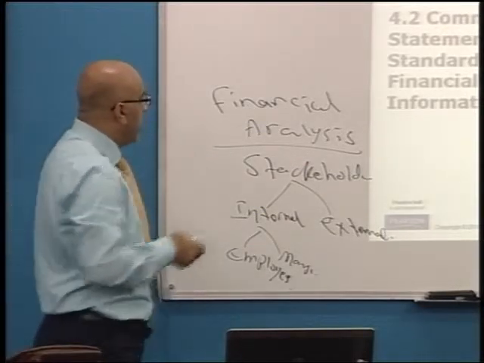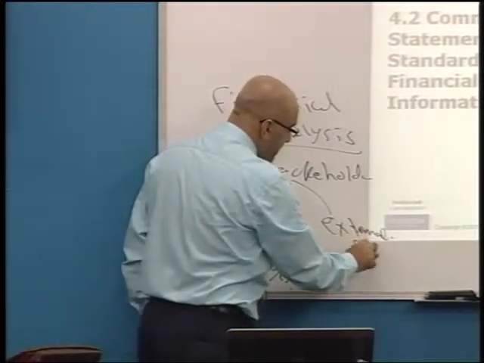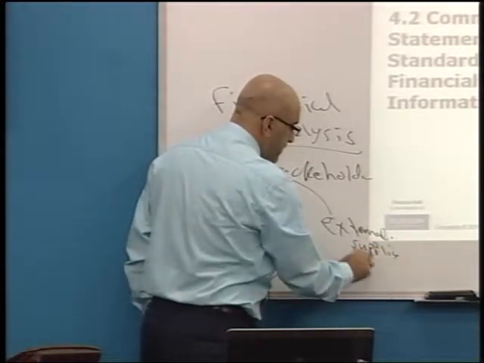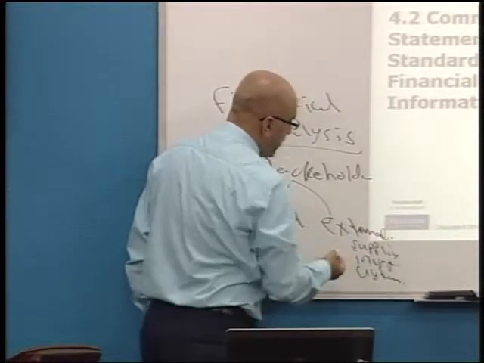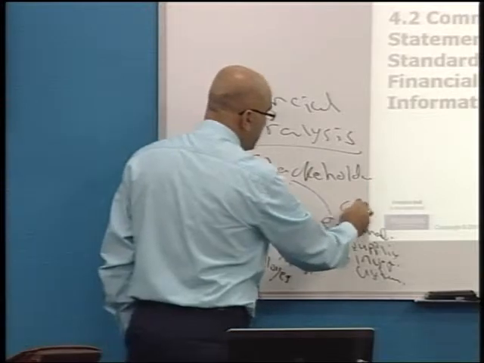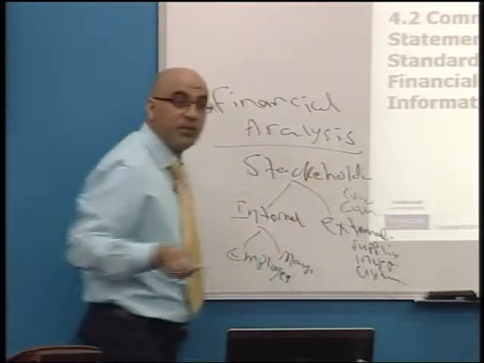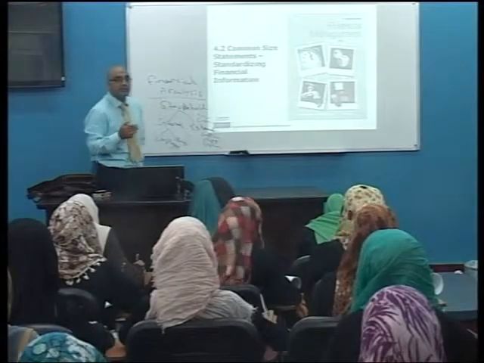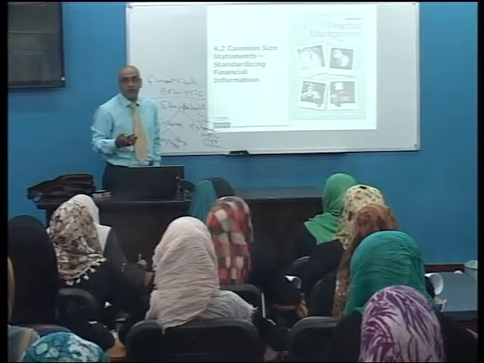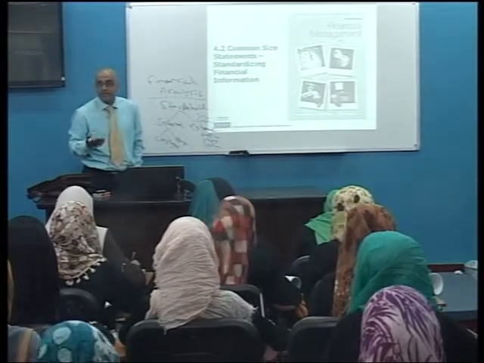If you talk about the external stakeholders: suppliers, investors, customers, we have governments, creditors, treasury groups. Each one has its interest in the business. The government is interested in the taxation.